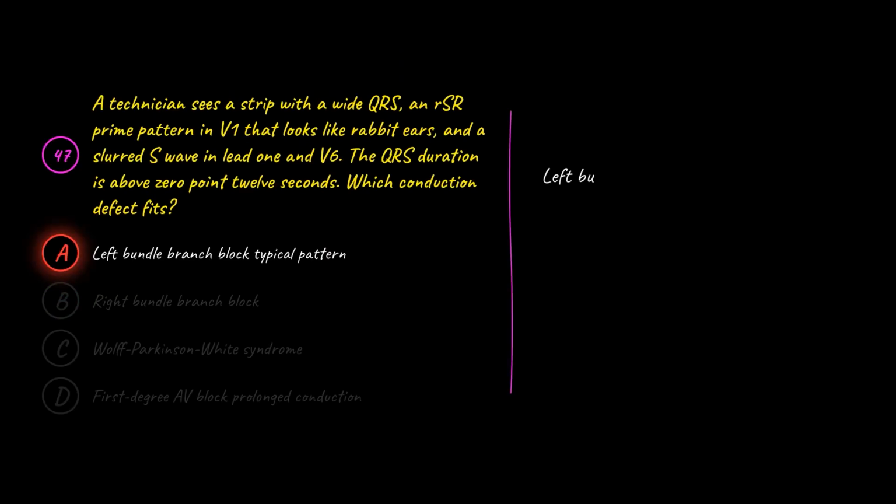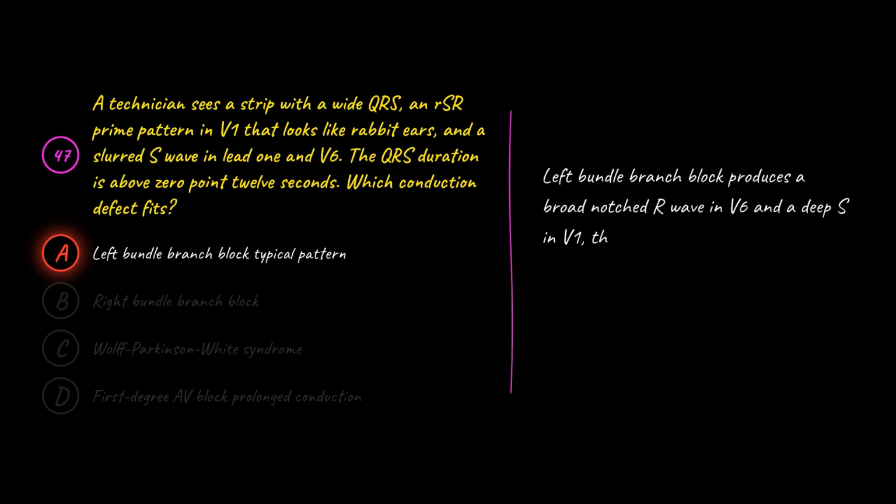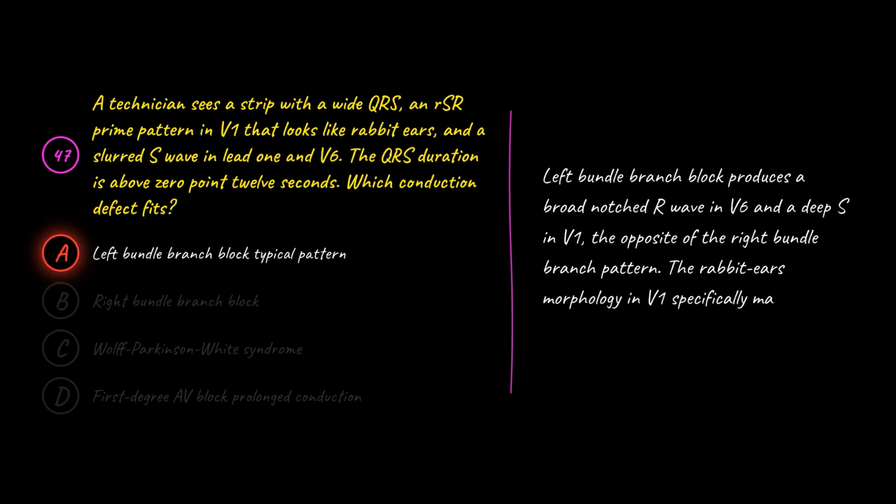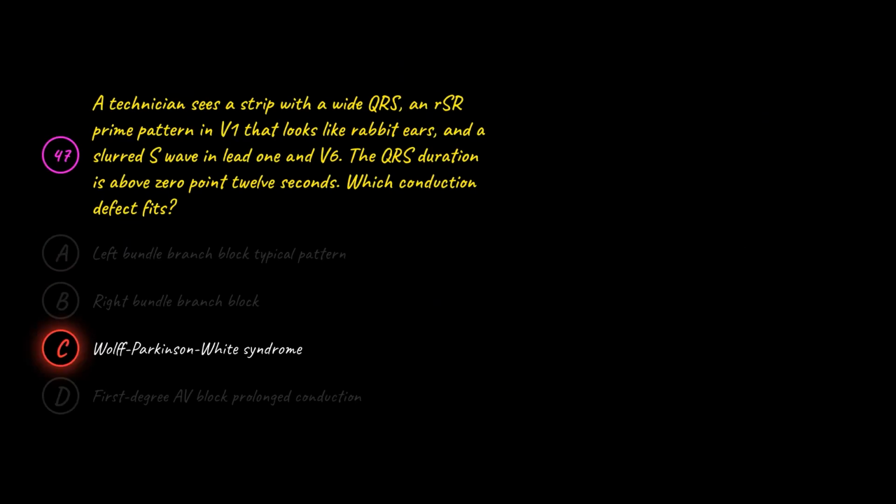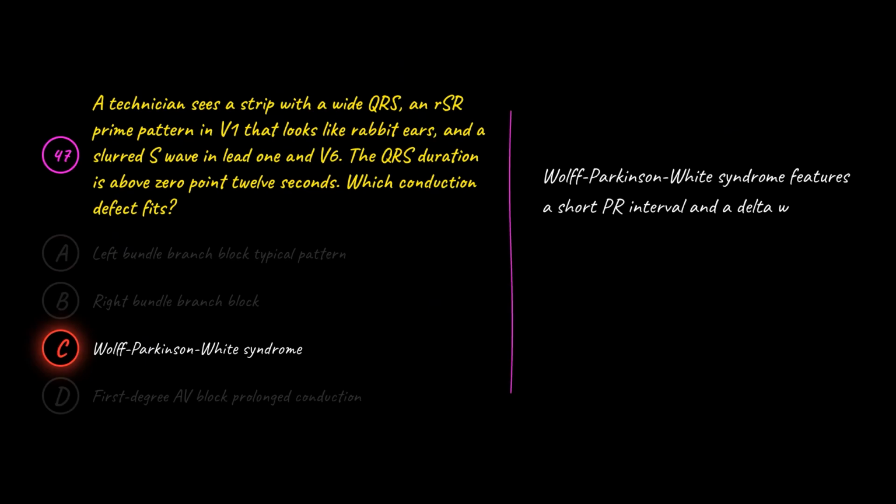A is wrong because left bundle branch block produces a broad notched R wave in V6 and a deep S in V1, the opposite of the right bundle branch pattern. The rabbit ears morphology in V1 specifically marks right bundle block. C is wrong because Wolff-Parkinson-White syndrome features a short PR interval and a delta wave at the start of the QRS rather than the RSR prime pattern.